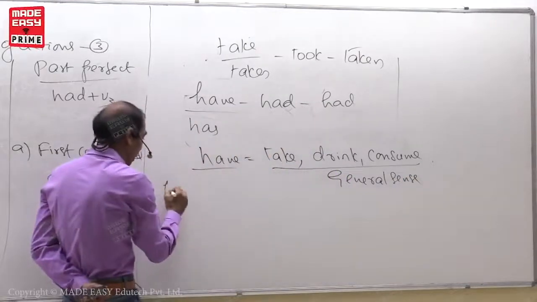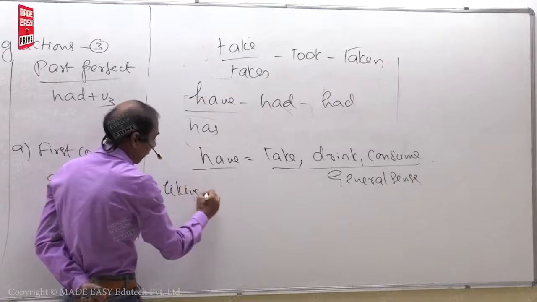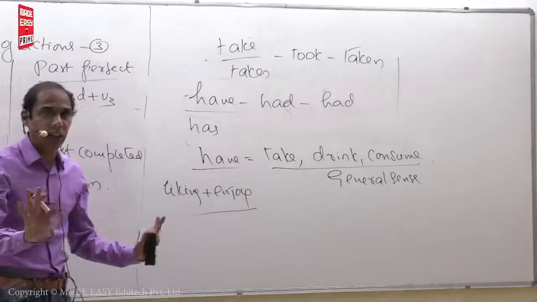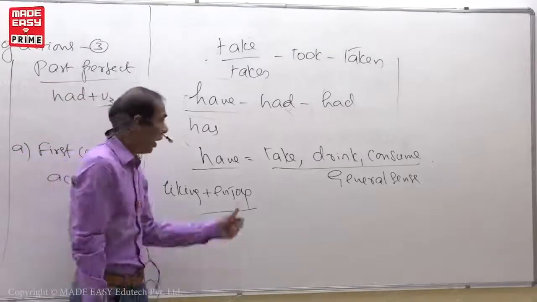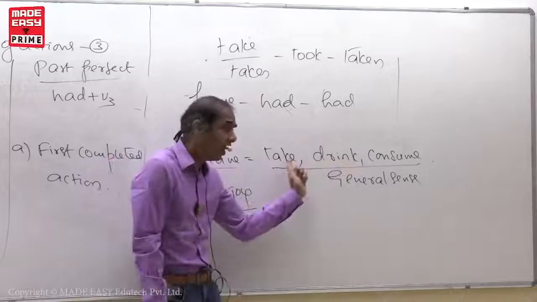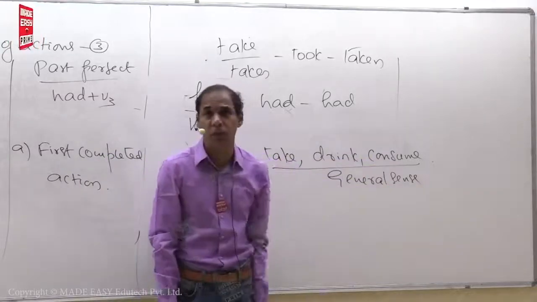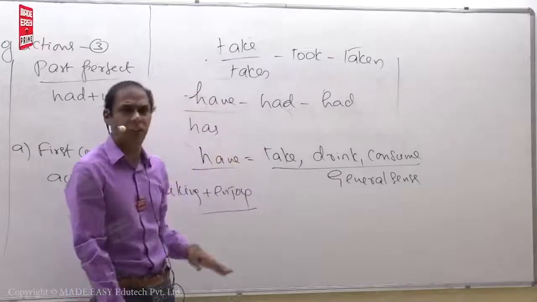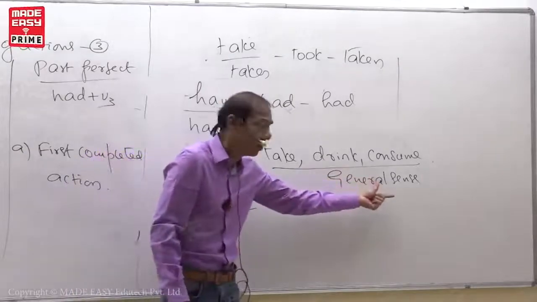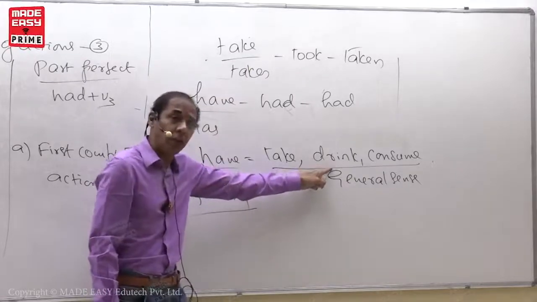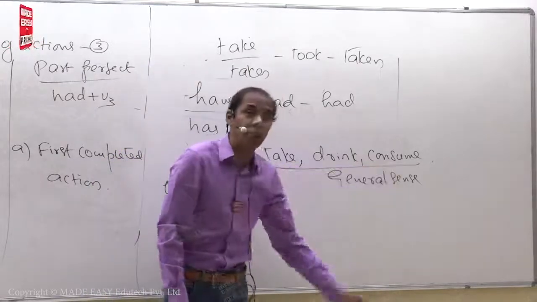Have, liking plus enjoy. I'll explain clearly, don't worry. First, have gives the meaning of take, have gives the meaning of drink, have gives the meaning of consume also. Right? Other than these three, it has lot of meanings. Right? Let us take these three at first. Have gives the meaning of take, drink, consume.